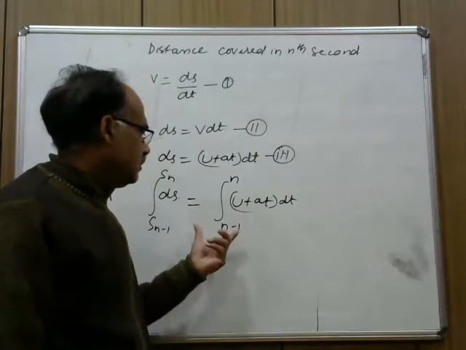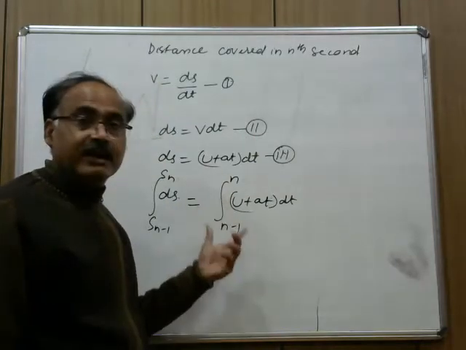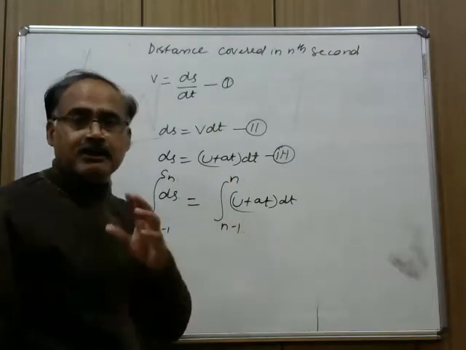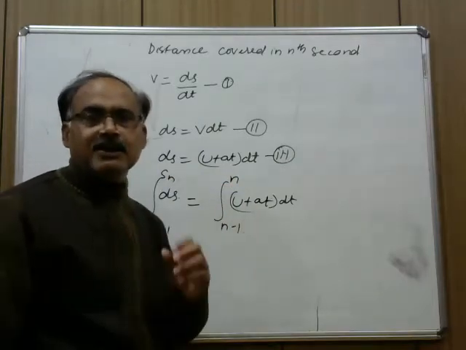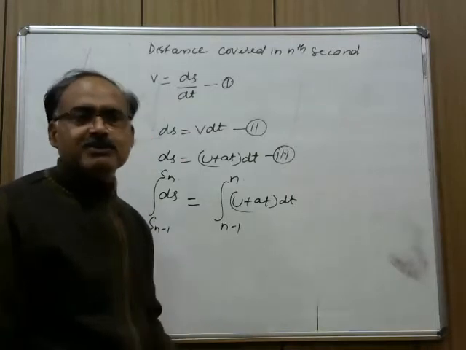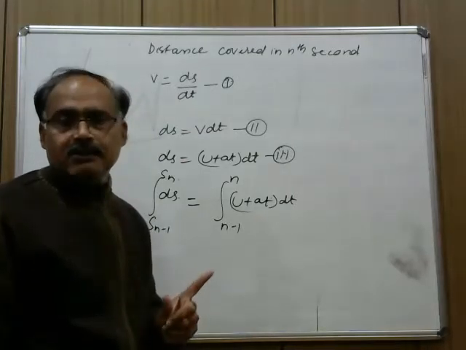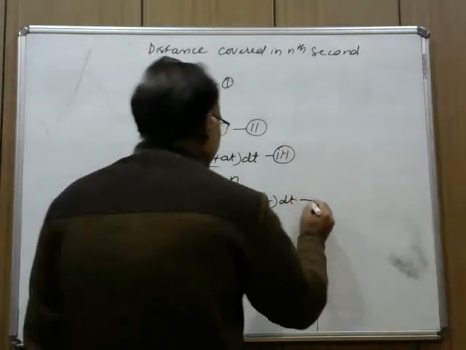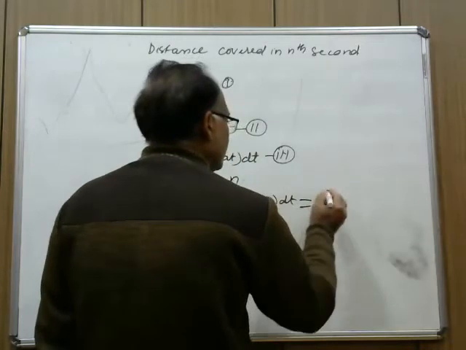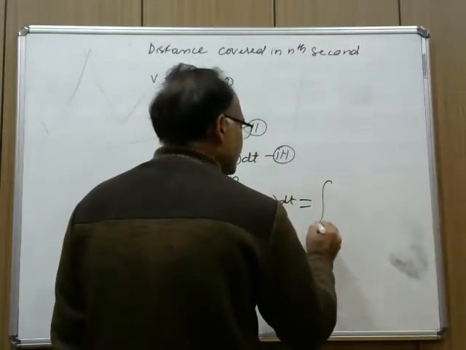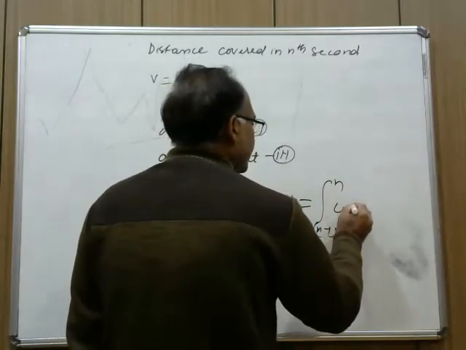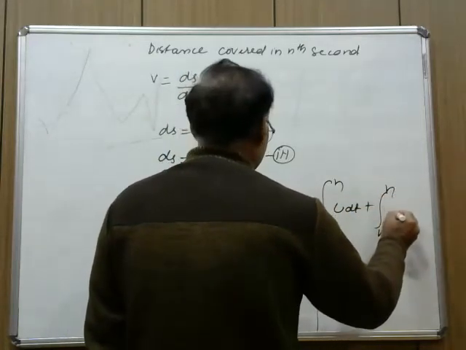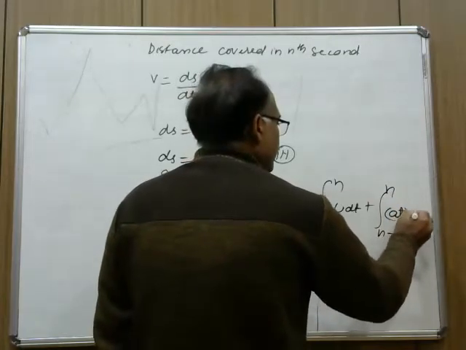We have taken this as n minus 1 to n, a limit of time है कि n minus 1 सेकेंड से n सेकेंड के बीच में कितना होता है, that is distance covered by the body in a straight line or displacement of the body in nth second. Okay, now we can do it like this. First you separate the integrations n minus 1 to n u dt plus n minus 1 to n at dt.